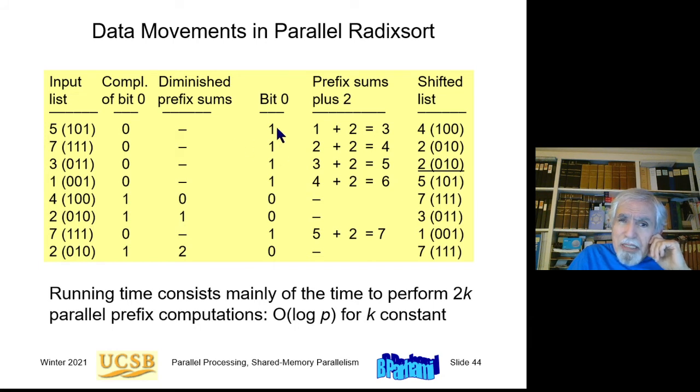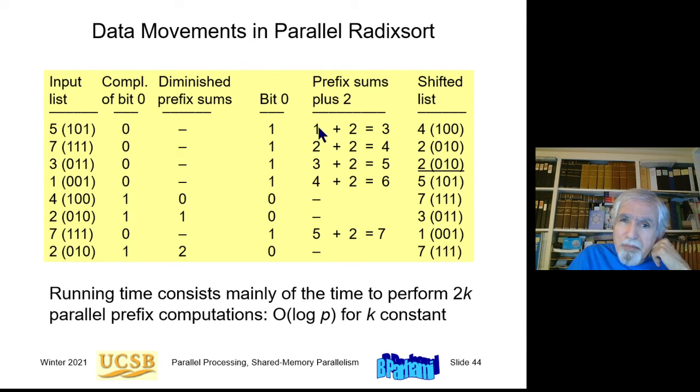And then I repeat the same thing with doing a prefix sum on 0, and then adding this 2 to the result. This 2 basically says how many elements of this list are occupied by these zeros, the elements that are zeros in the least significant bit.